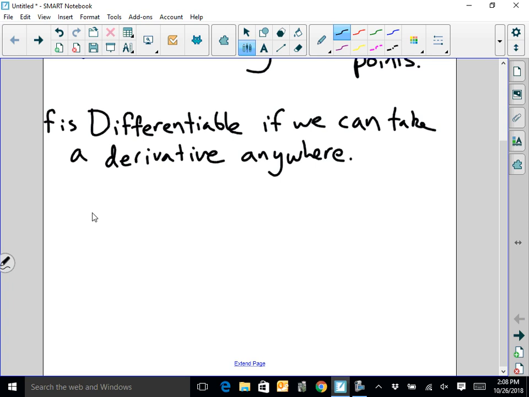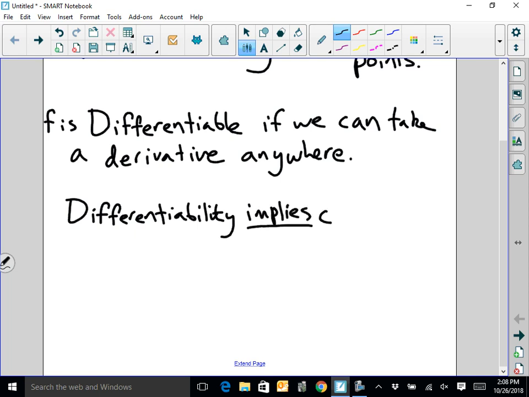Differentiability implies continuity. So if I said that f is differentiable everywhere, then it is implied we already know that f is continuous everywhere.